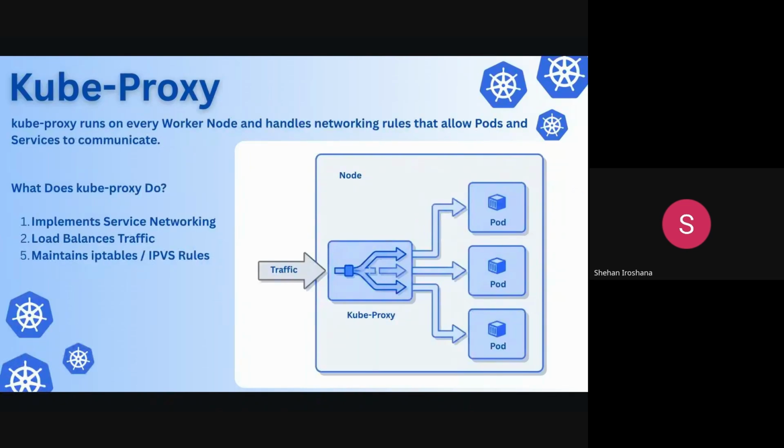Next up is kube-proxy. Kube-proxy runs on every worker node and takes care of networking. Its job is to make sure pods can communicate with each other and with services inside the cluster.